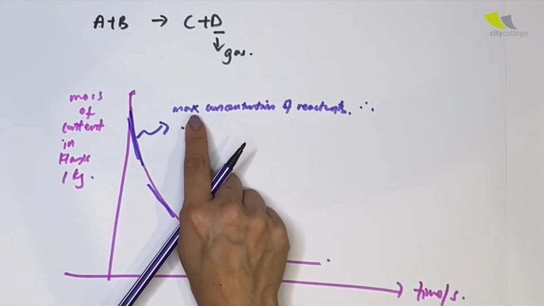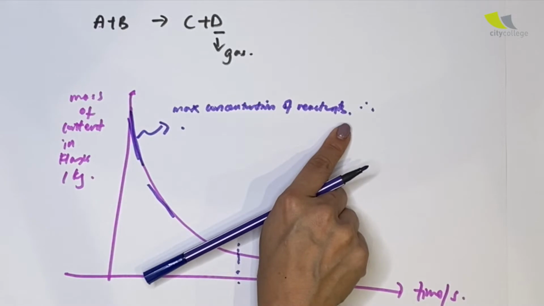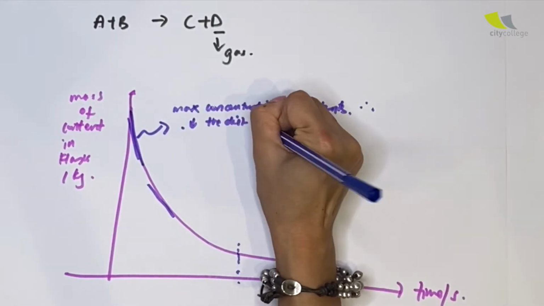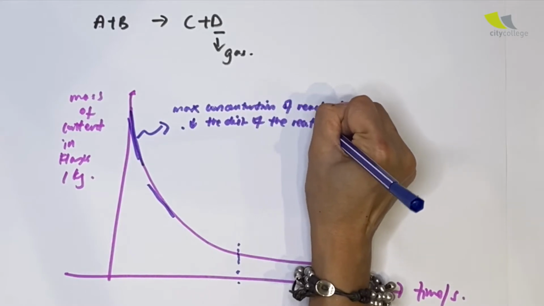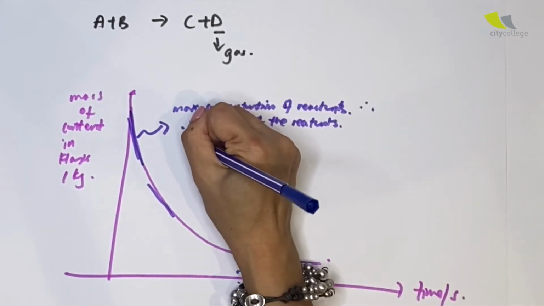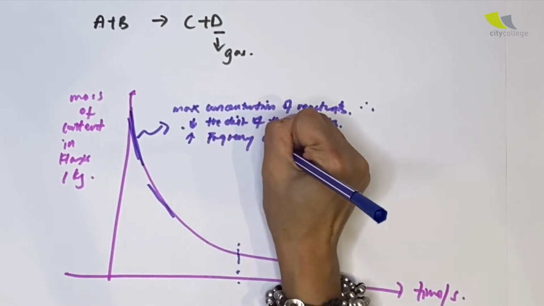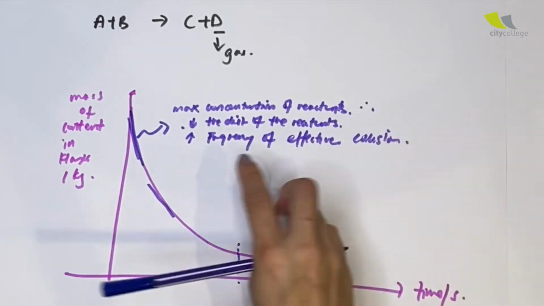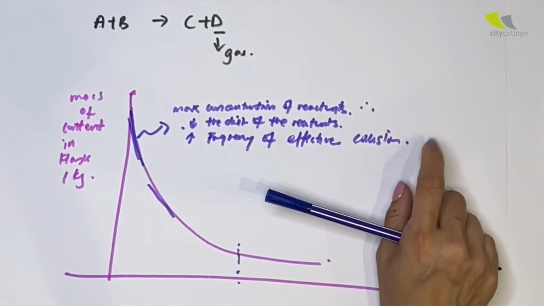So in the beginning, you have the maximum concentration of reactants, therefore a decreased distance between the reactants. And when the reactants are very close together, you actually increase the frequency of effective collision. When the collision increases, the rate of reaction increases.